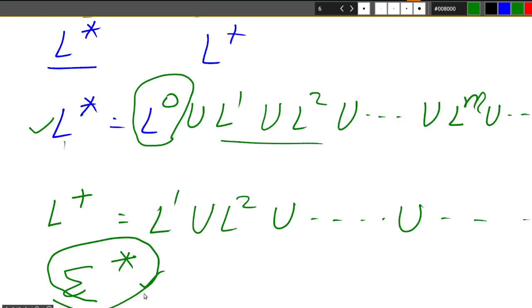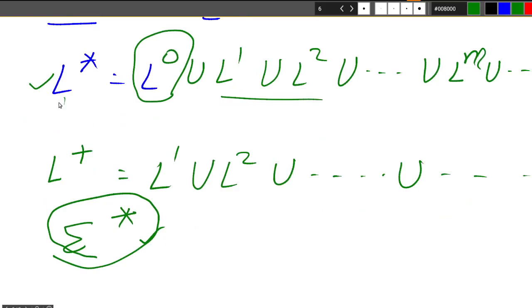Can you guess? In a way, there are multiple possible concatenations of this language, and whatever possible strings with the language are there, they are being generated.